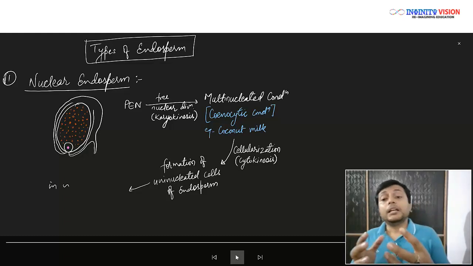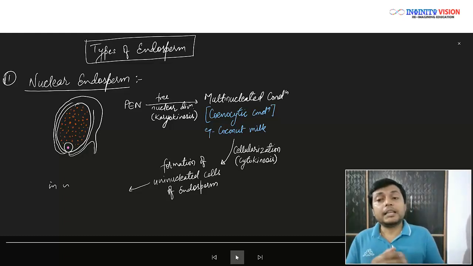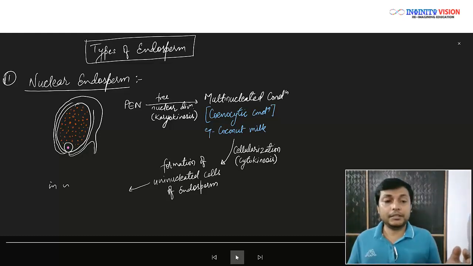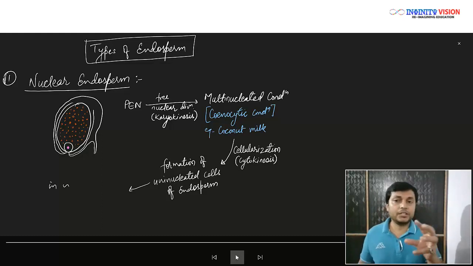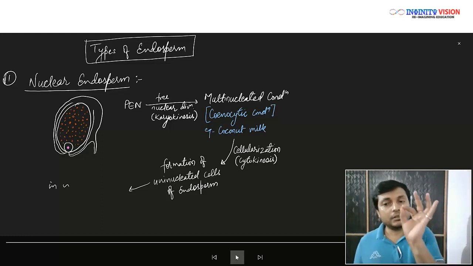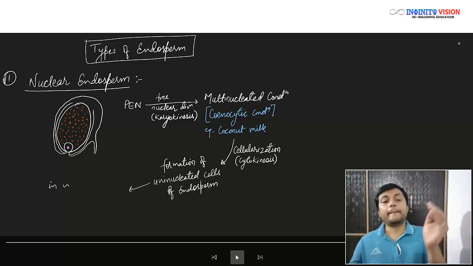Now, this cellularization can happen either from the center or from the periphery, correct? In this entire liquid endosperm, the process of cellularization can start either from the center or from the periphery.